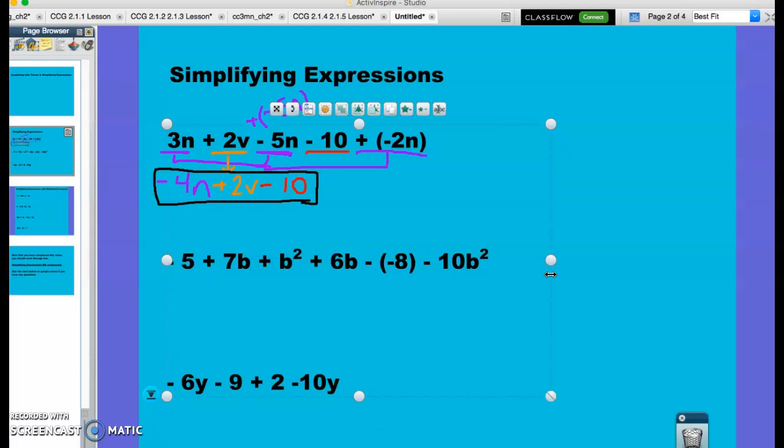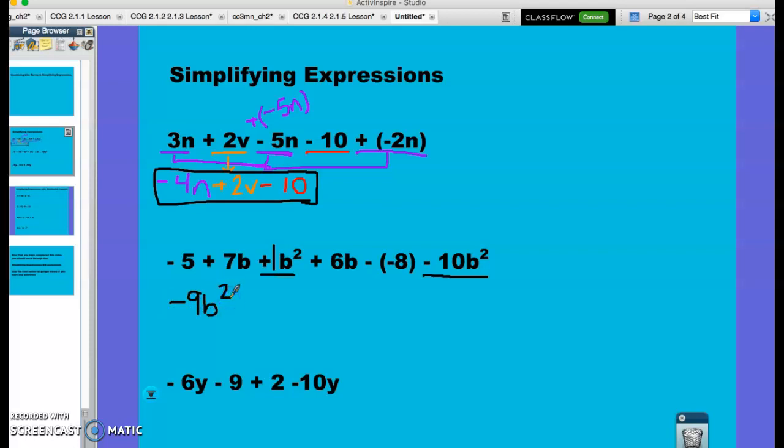Okay, so in the next one, again, start by looking at which terms are like. So we'll start with the b squareds. I've got two b squared terms. I have a negative 10 and a positive, remember, this is a 1. If there's no number in front of it, it's a 1. So a negative 10 and a positive 1 get me a negative 9b squared.